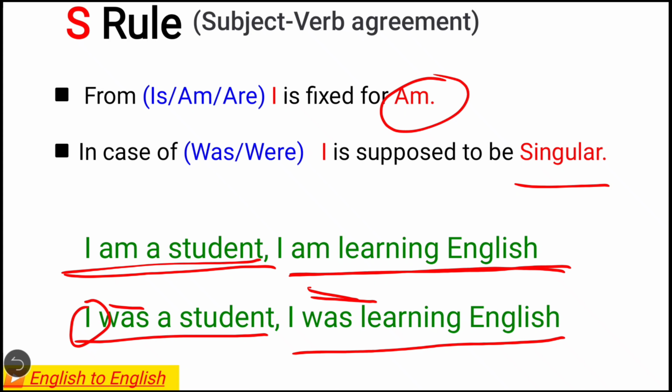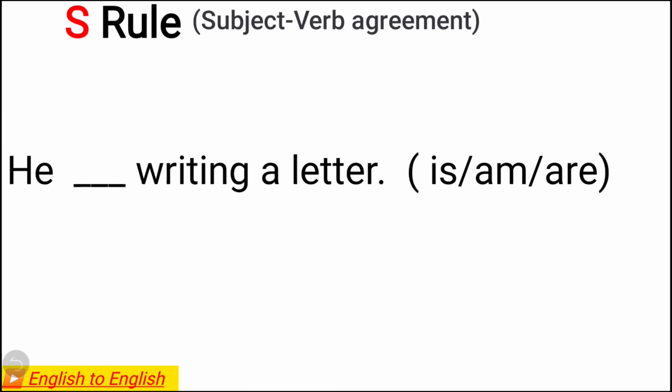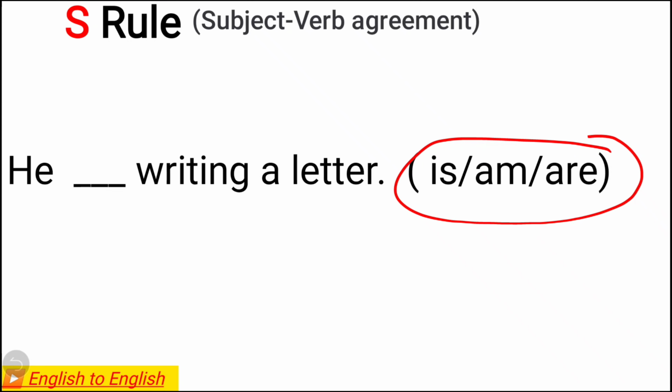Okay, so let's move ahead and try to solve these questions. So what is here? He dash writing a letter. Which helping verb can be used here? Is, am and are. First of all, we have to find out the number of this subject. So we know that he is a singular subject. So we must use the verb that should be singular. We know that singular contains S in the starting.